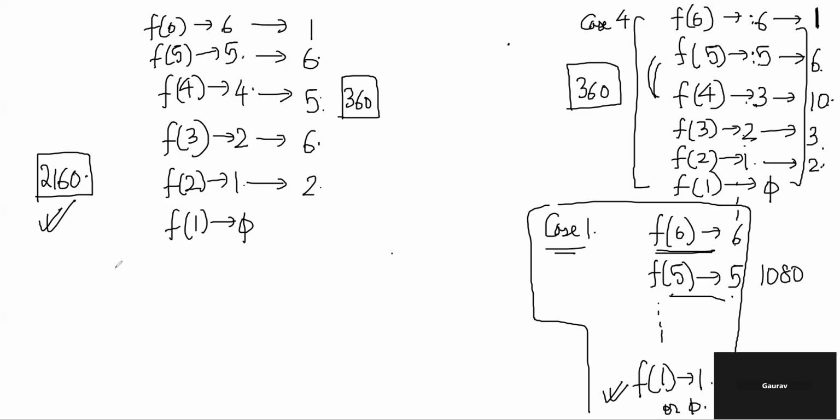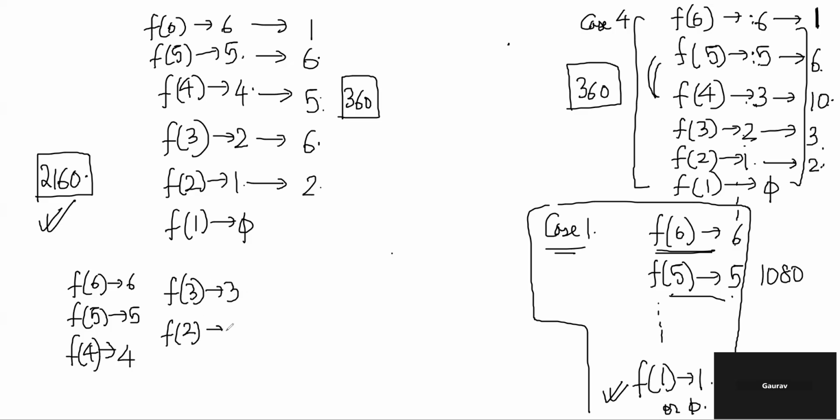And I think there is one final case now, which is f of 6 is 6, f of 5 is 5, f of 4 is 4, f of 3 is 3, but f of 2 is not 2 but 1, and f of 1 is null, right? And now you'll get again 6 ways for this, right?